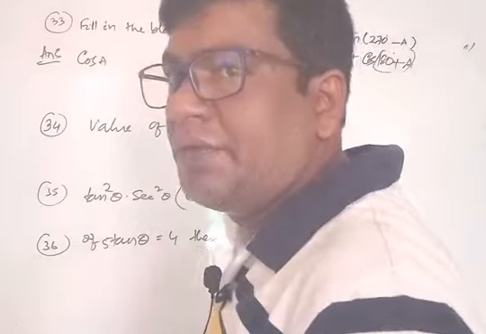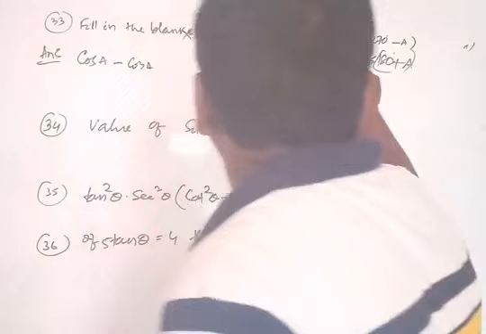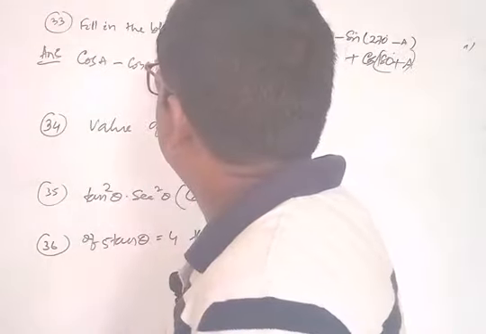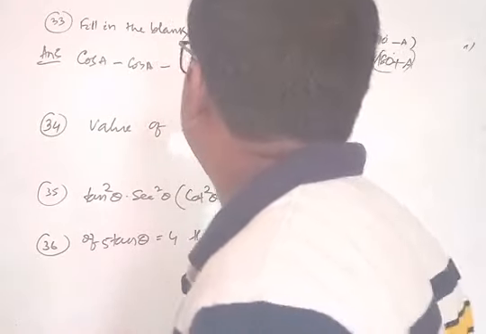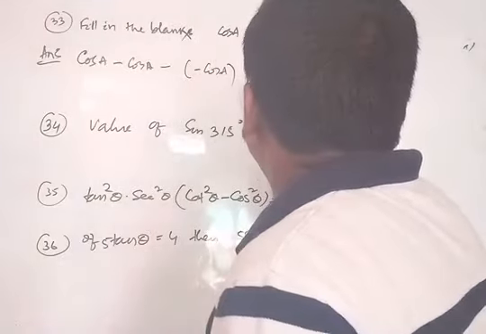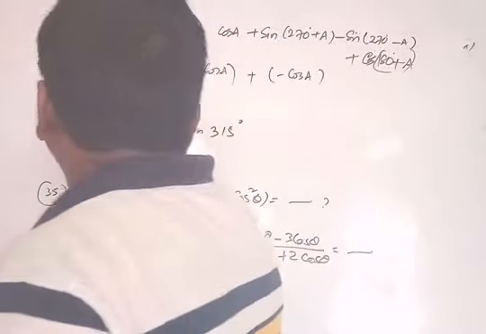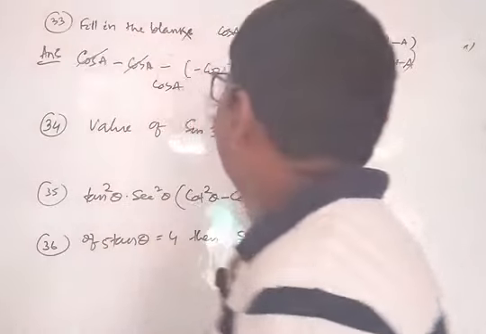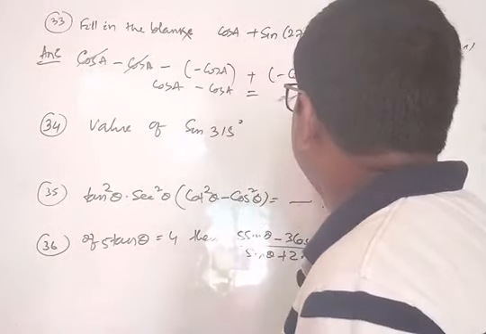So this is a multiple of 90, so this is minus cos A. Sin 270 minus A lies in the third quadrant, so this is minus of minus cos A. Cos 180 plus A means third quadrant, so this is minus cos A. So what is the answer here? Cos A minus A goes cancel, this is plus cos A and this is minus cos A. So the answer is 0.